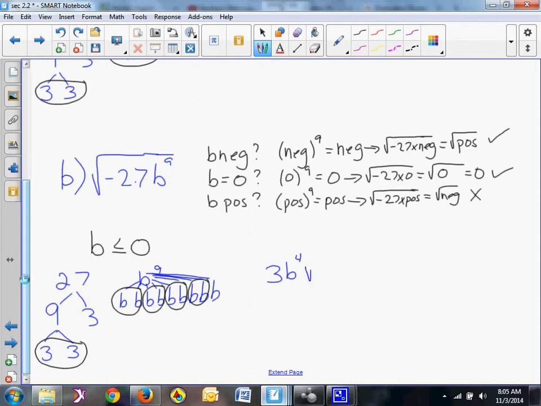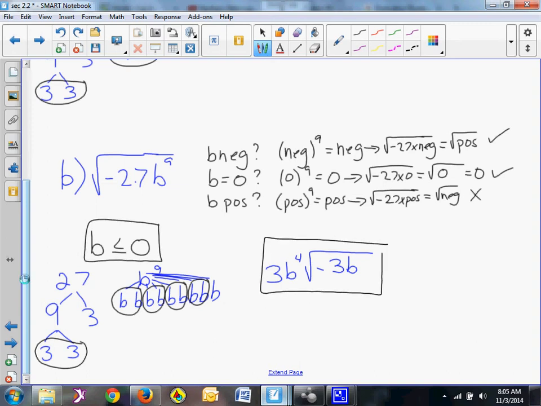What I haven't circled, well, we still have that negative, I have a 3 and I have a b. So my answer is the same as the answer key. Again, there are 2 parts to my answer: this one, where I define what b can be, and then this is my simplified version.